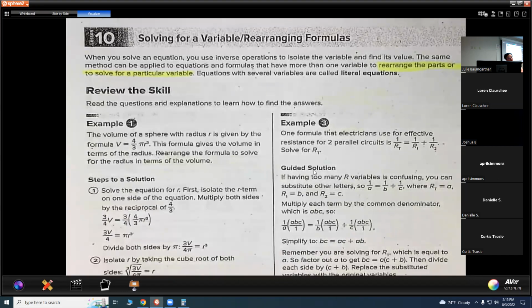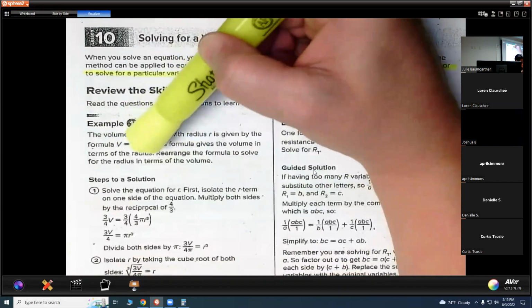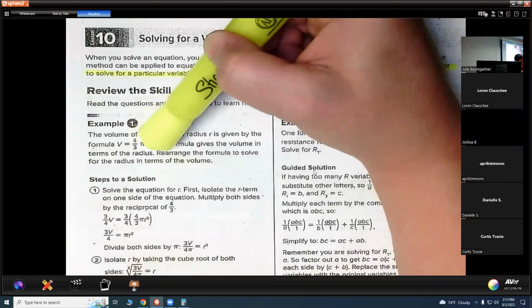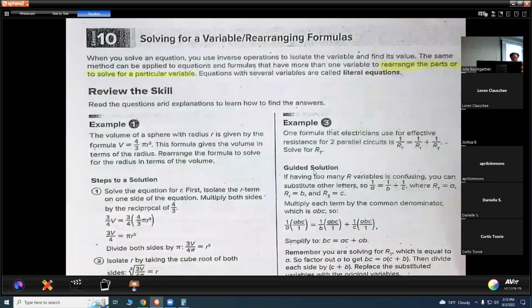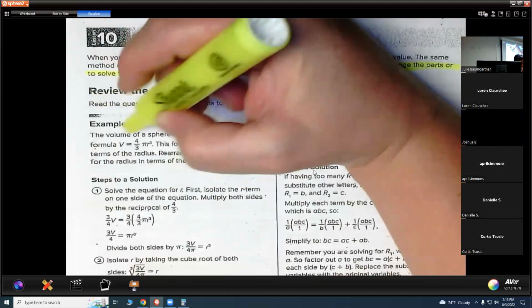So the volume of a sphere with a radius r is given by the formula: the volume equals 4/3 times pi times r cubed. Does everyone know what a sphere is?